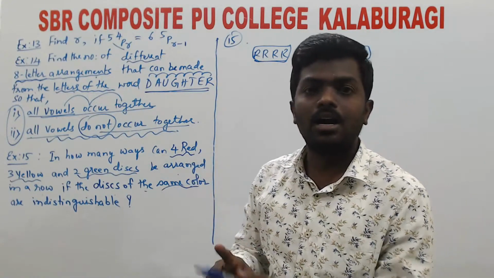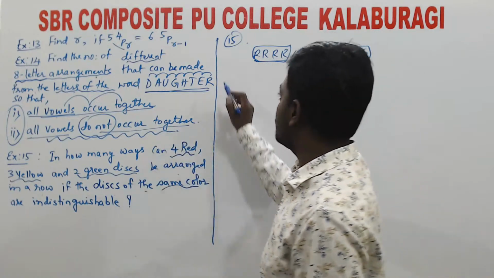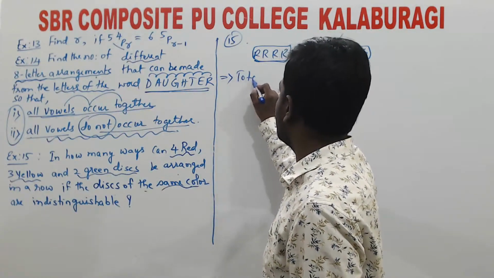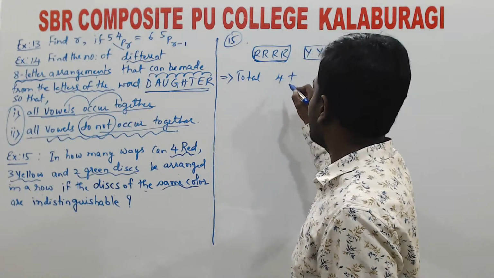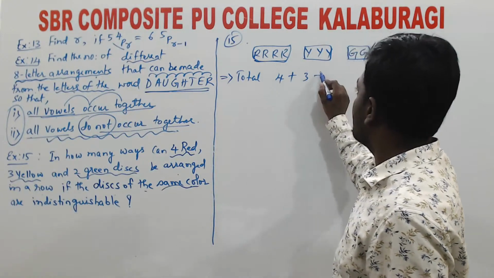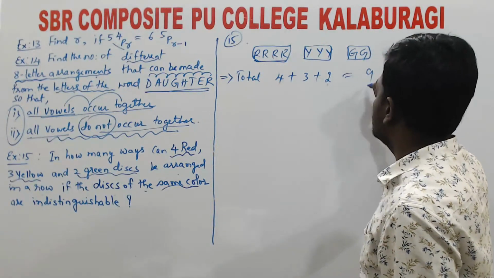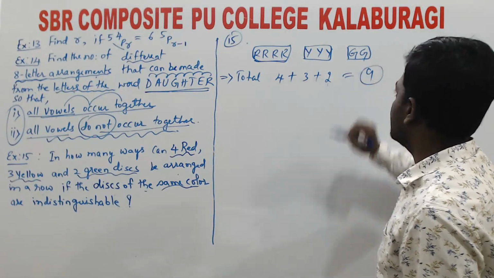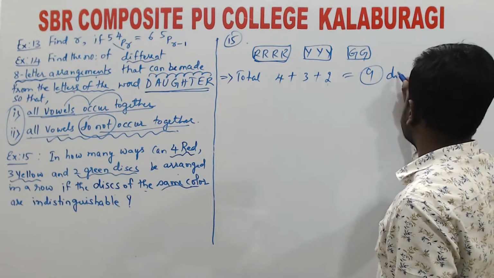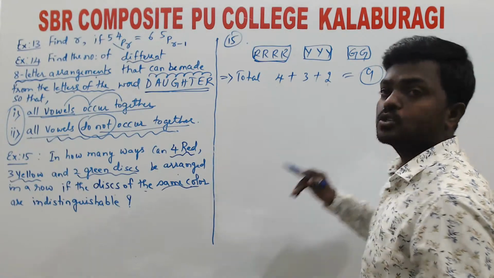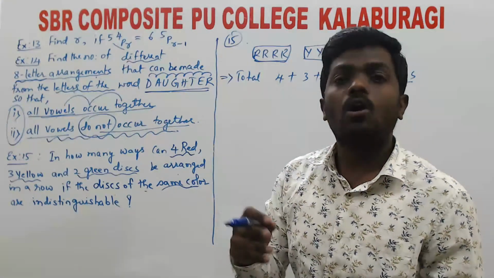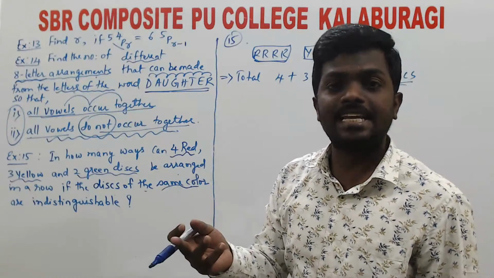In this, how many total objects are there? There are 4 red plus 3 yellow plus 2 green. So how many are there? Correct, 9 discs. Now you can see yesterday's concepts: all the objects are not distinct.